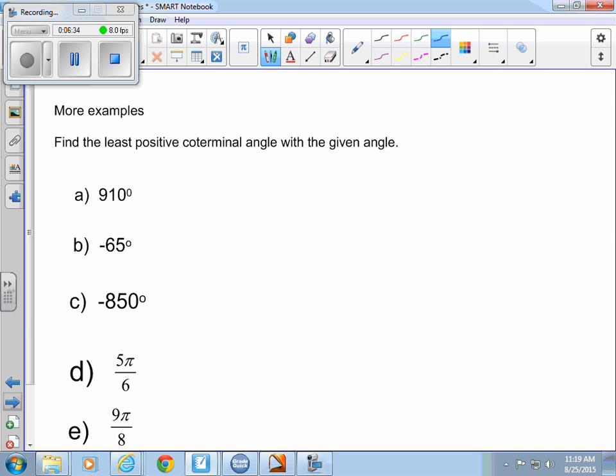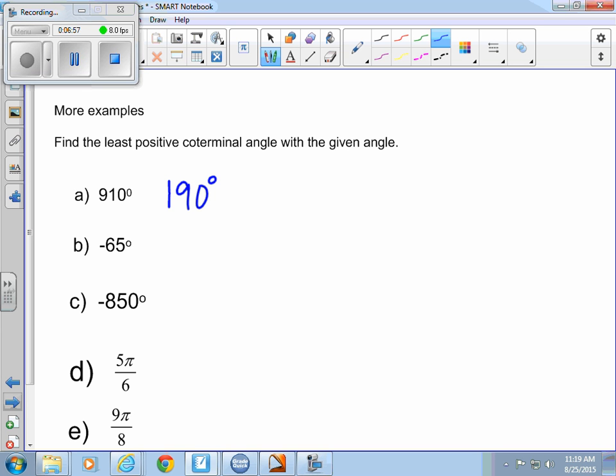If 910 is my angle, how would I go about finding the least positive coterminal? Subtract 360 until I get an angle between 0 and 360. How many times do you have to subtract 360 to get that? 190. That is what's called the least positive coterminal angle.